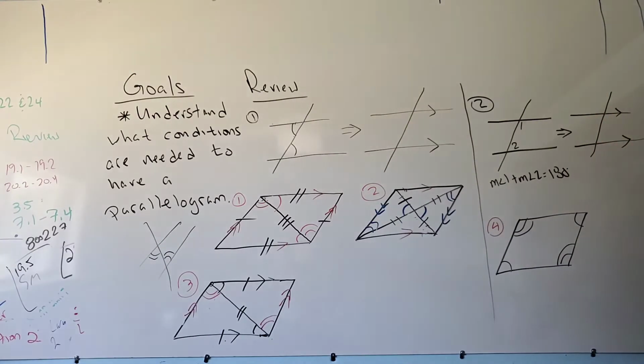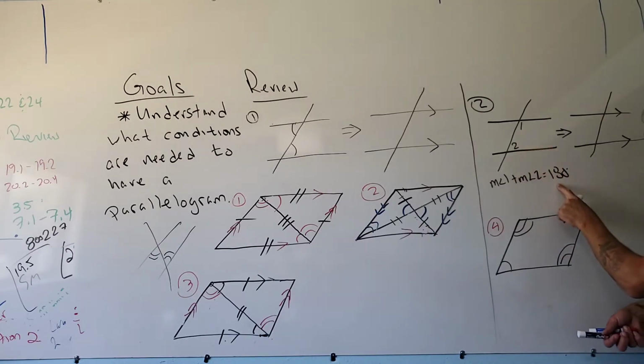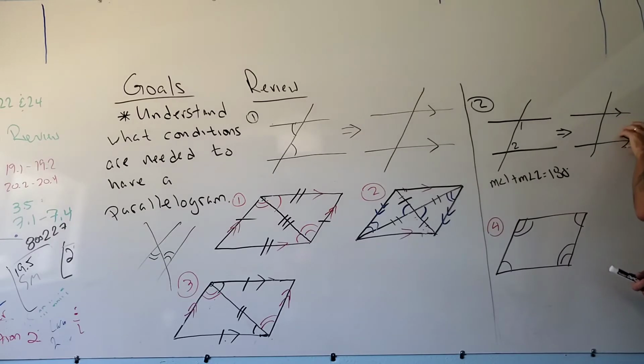The last one, the way that I want to get my opposite sides to be parallel is I just have to show that these two angles add up to 180 degrees, and then that means that the sides must be parallel, right? So here we have a quadrilateral, and we know that in four-sided shapes, the four angles add up to 360 degrees.